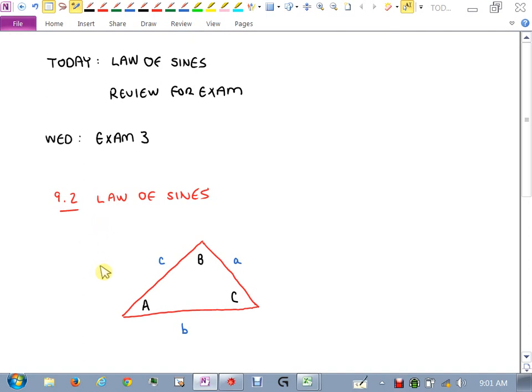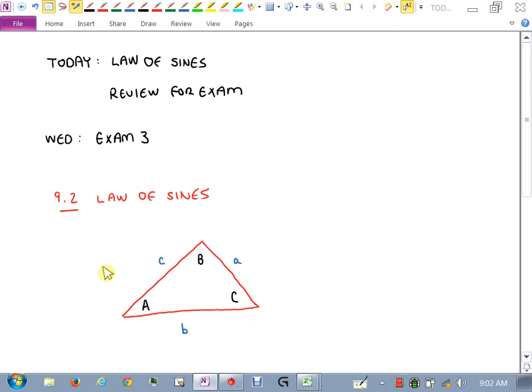The first thing that we do is label a triangle as I've shown here. The triangle has 3 sides and 3 angles. We label the angles capital A, capital B, capital C. We label the sides little a, little b, little c. Notice how we're labeling these.